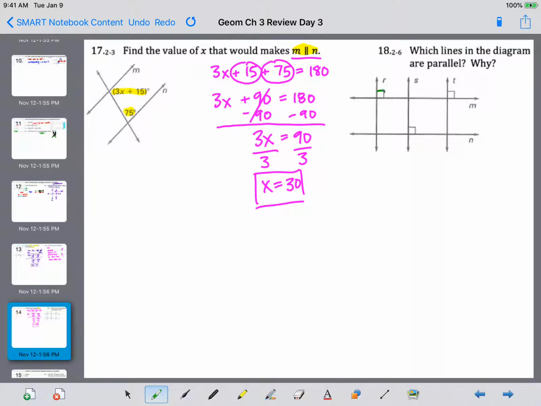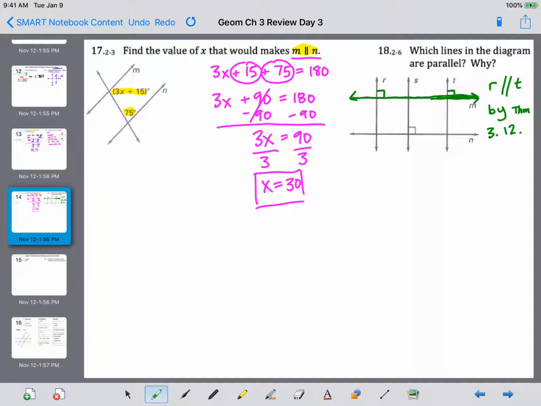Well, the only place that I see that is for R and T. Those are both perpendicular to this line M. So theorem 3.12 tells us that if two lines are perpendicular to the same line, then those lines are parallel to each other. So R would be parallel to T by that theorem 3.12. All right, that's all you got to say.